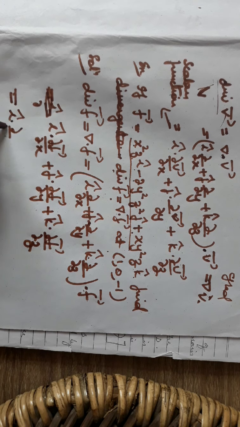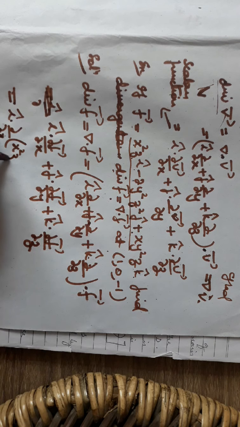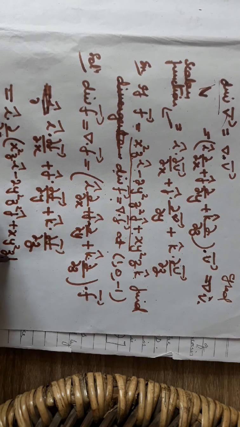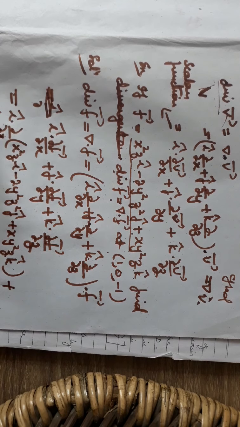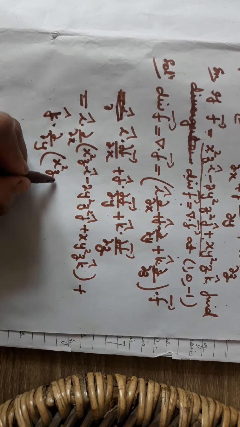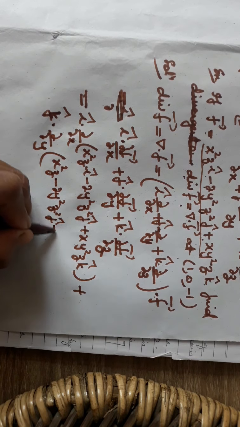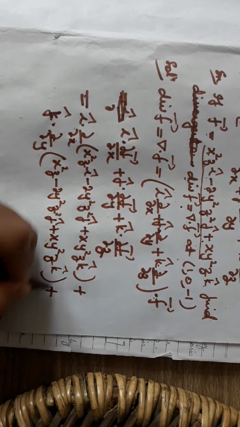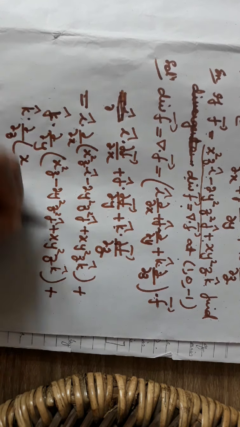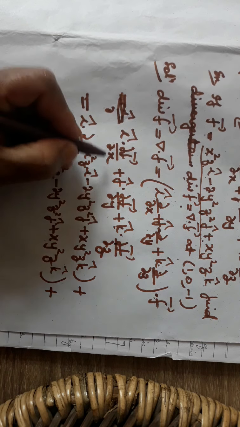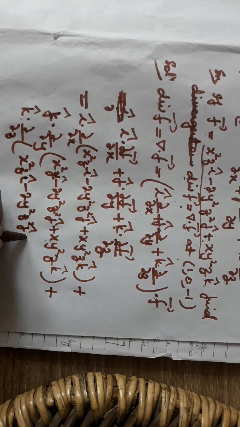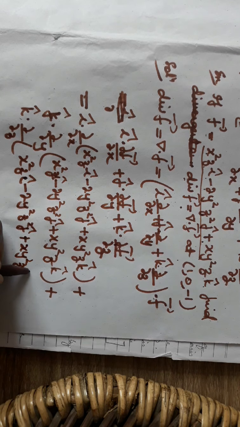You have i dot del/del x of this whole function, plus j dot del/del y of again this function, and then plus k dot del/del z of again this function f bar.